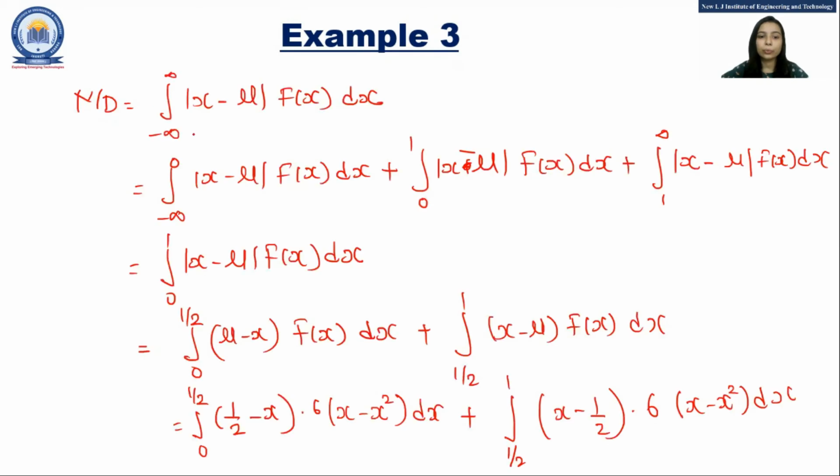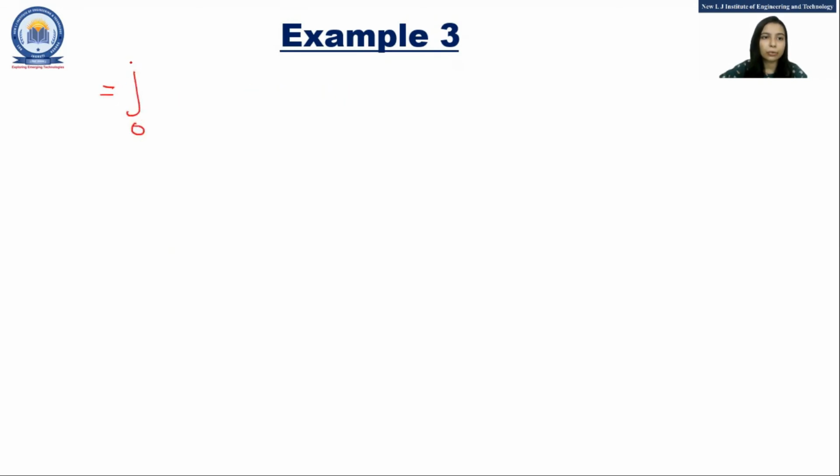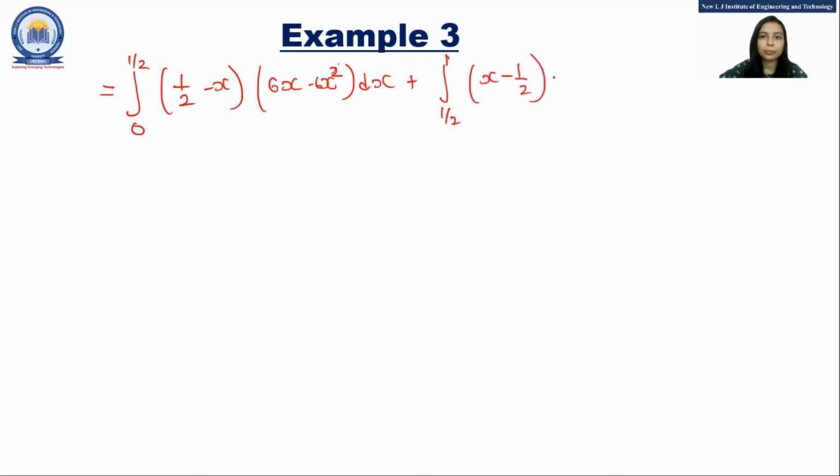That is equal to integration from 0 to 1 by 2, 1 by 2 minus x into 6x minus 6x square dx plus 1 by 2 to 1 x minus 1 by 2 into 6x minus 6x square dx.